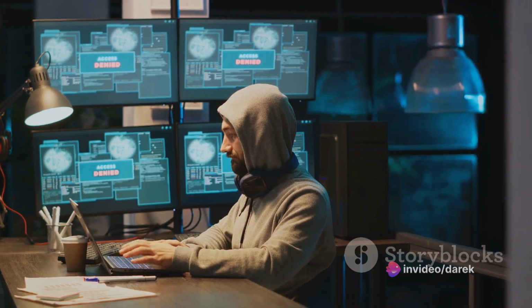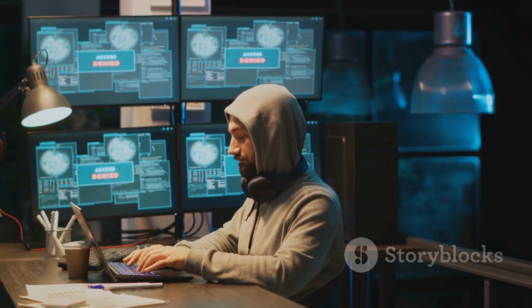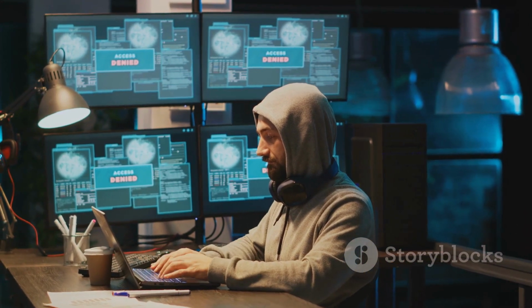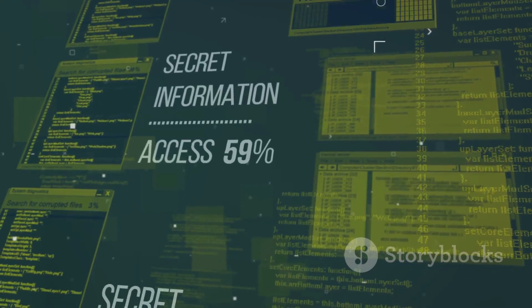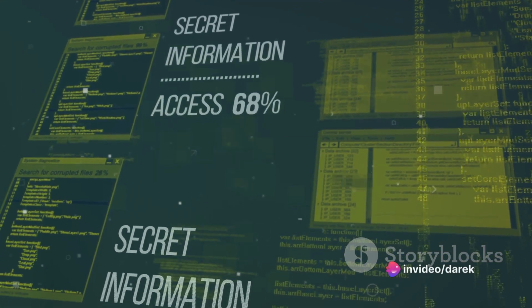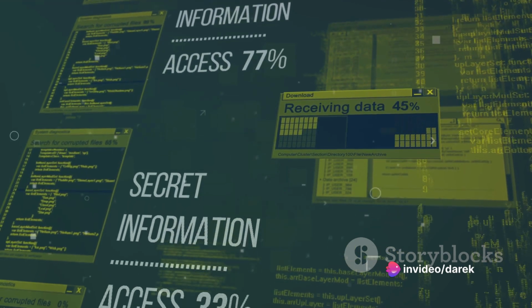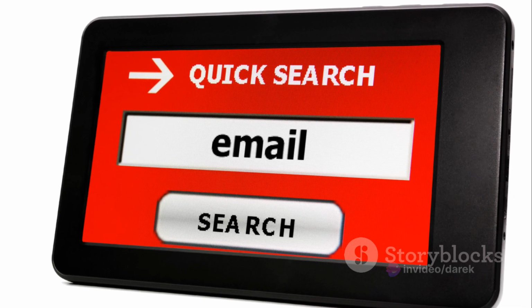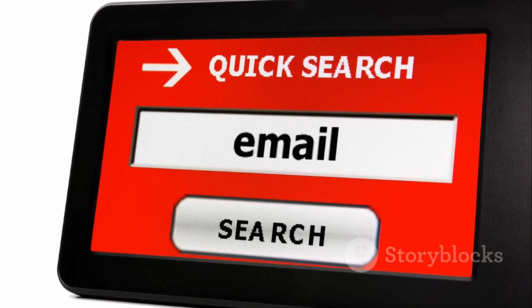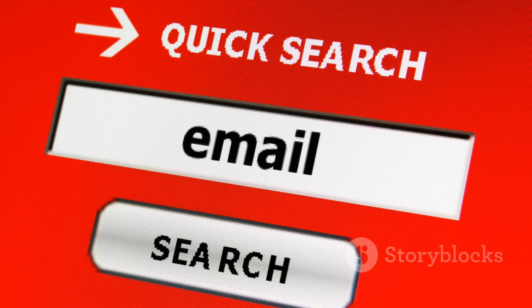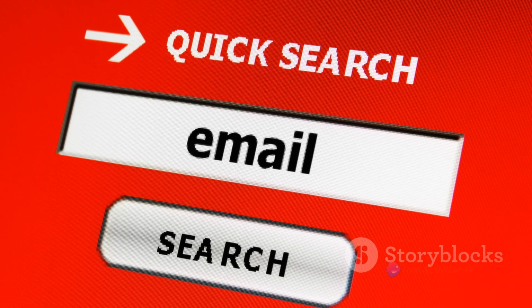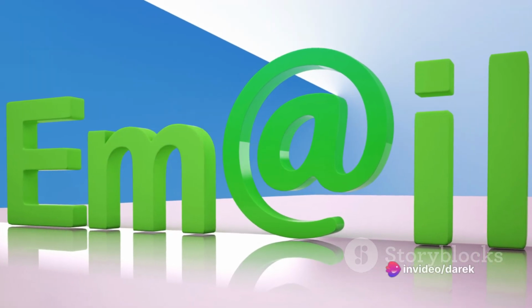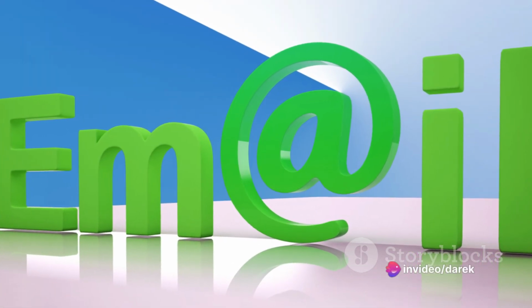Let's not disregard manual techniques either. Techniques such as social engineering, where you manipulate individuals into revealing confidential information, can be incredibly effective. But remember, it's crucial to use these techniques responsibly and ethically. Also, it's beneficial to know how to use search engines effectively. Advanced search operators can help you find specific information, including email addresses on a particular website.